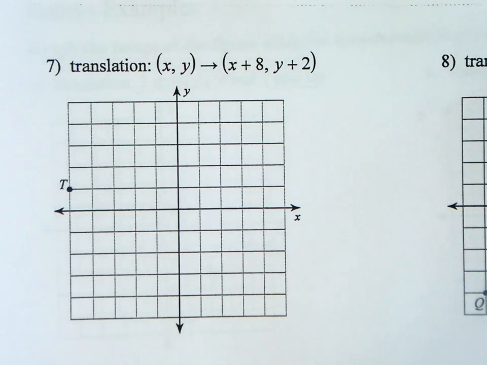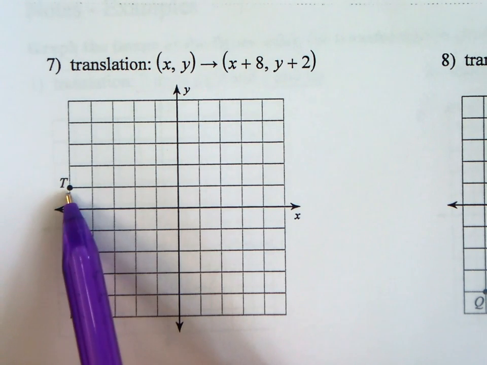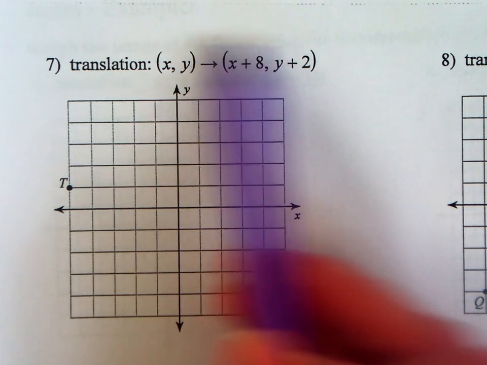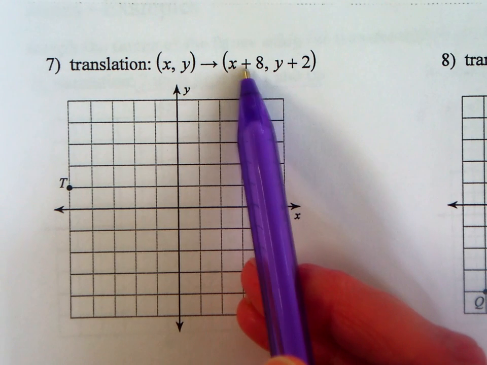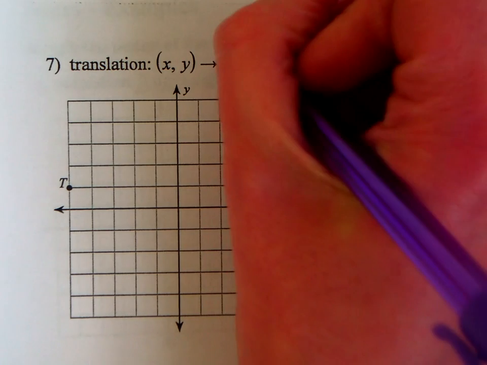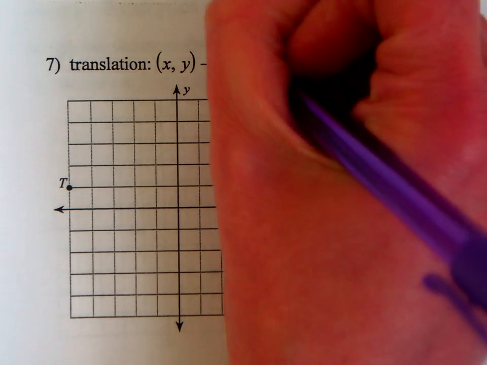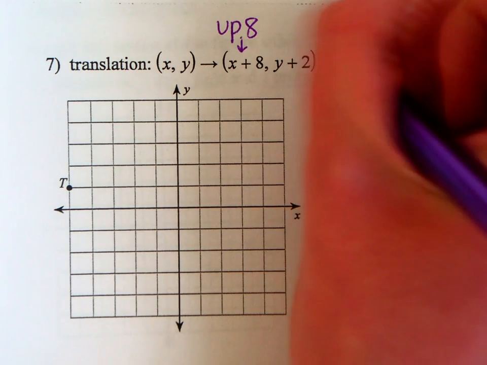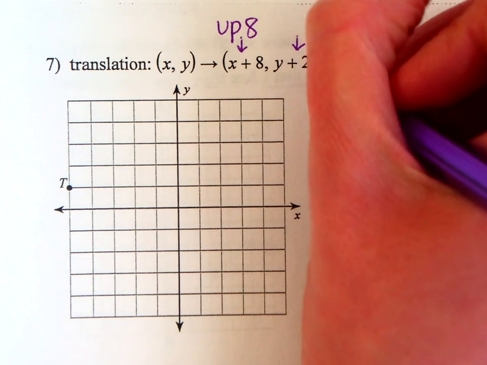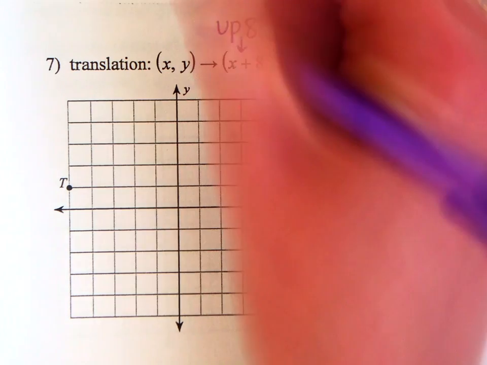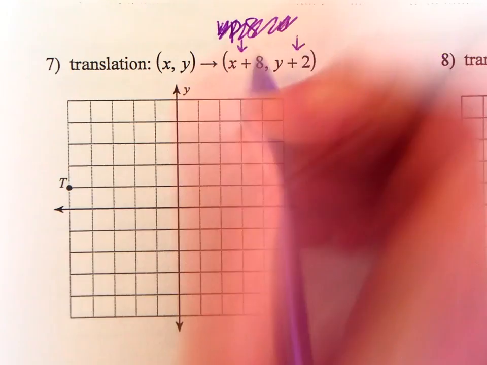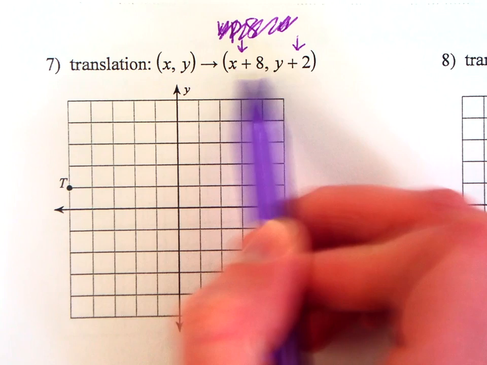We got our point T, and following this rule, this tells me for my x values I'm adding 8. Scratch that, sorry, x values, so that's our right or left.